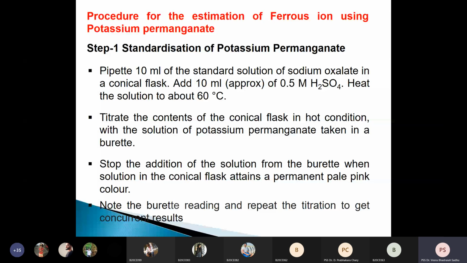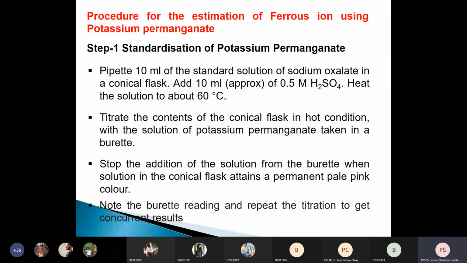But here, the potassium permanganate in the burette is already a colorful solution, and in the conical flask there is a colorless solution. So why do you need an indicator here? One of the reagents is already colored, so you don't need any indicator. You straight away titrate potassium permanganate with the solution in your conical flask, sodium oxalate and sulfuric acid.